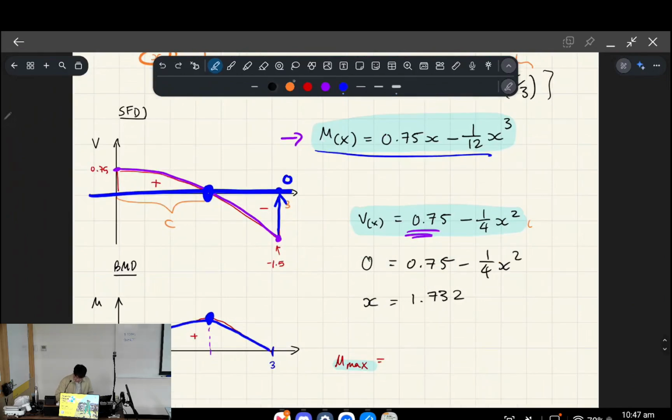We just care about the positive point. So x is equal to that, and in fact, that is what c is going to be. So c is equal to 1.732 meters.